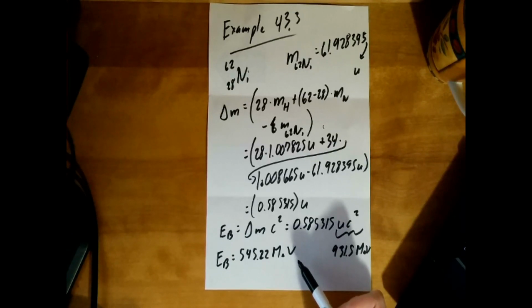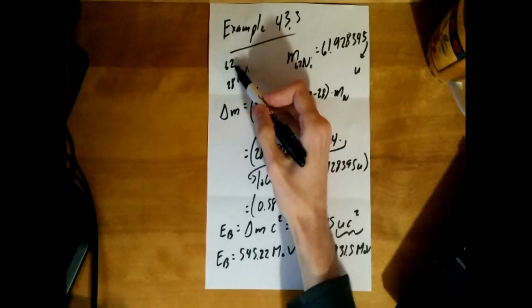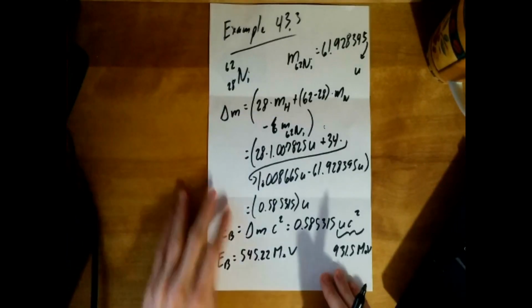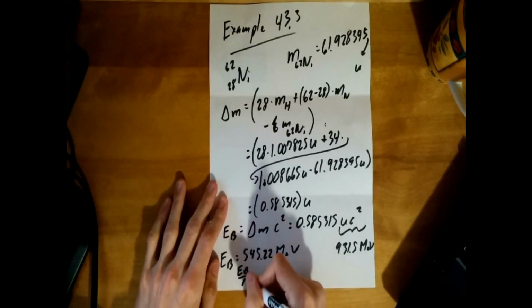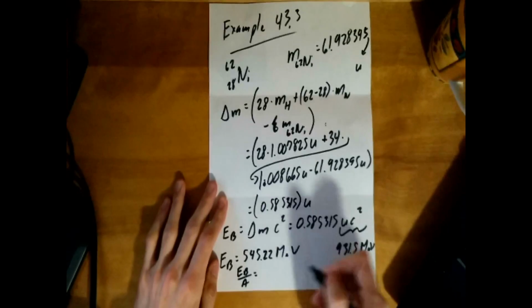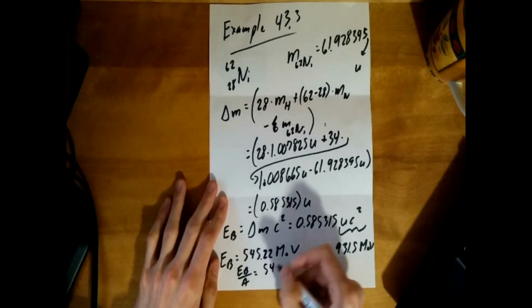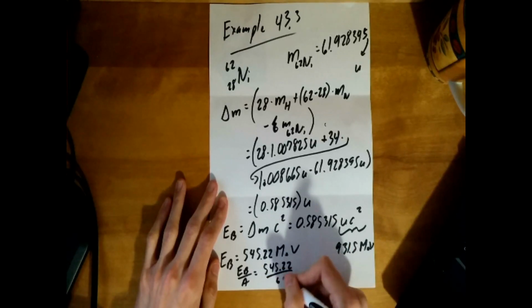Sometimes, to figure out if the nucleus is stable or not, it might be more useful to find the binding energy for each nucleon on average. So we'll just take this value and divide it by A, the number of nucleons, 62. So per nucleon, E_B over A. So our value over 62.